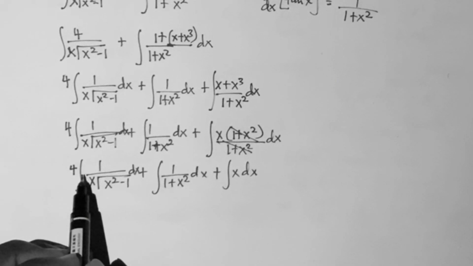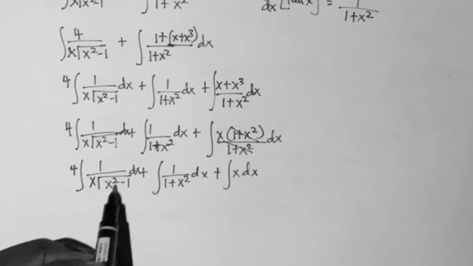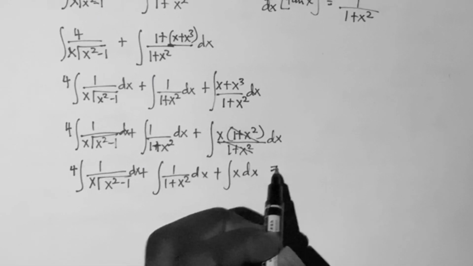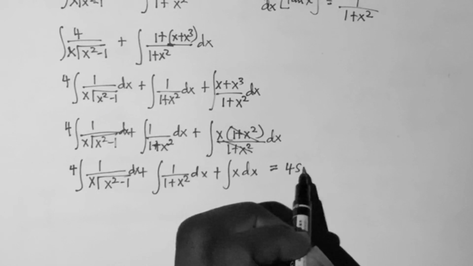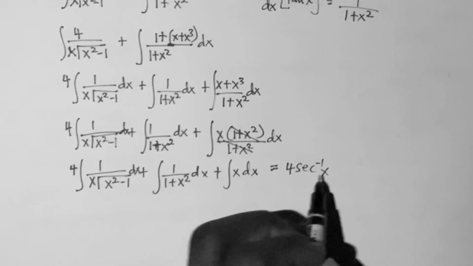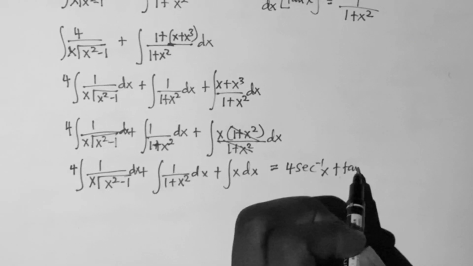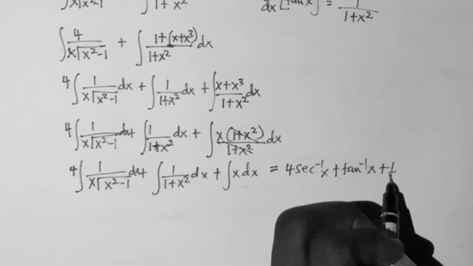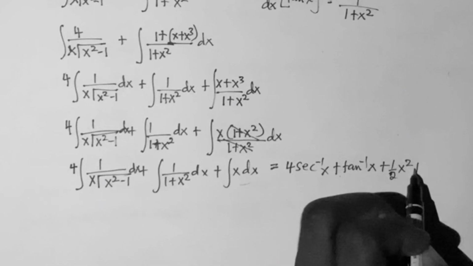So you can see that this is sec inverse and this is tan inverse, and therefore this is equal to 4 sec inverse of x, then plus tan inverse of x. Then if you integrate x, you get half of x squared, then plus c.